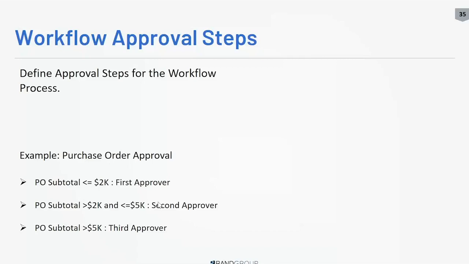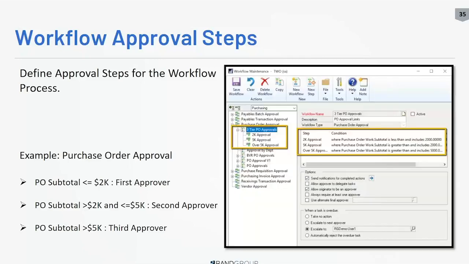So in our example, maybe a PO subtotal is the basis for an approval. Anything less than or equal to 2,000 would be going to the first approver. Anything between 2K and 5K goes to the second, and then anything over 5K would be a third. This would be an example of defining your approval steps for a workflow process.